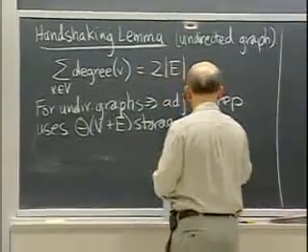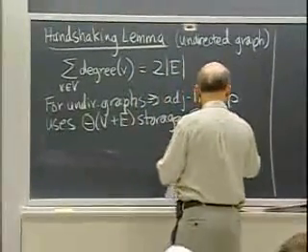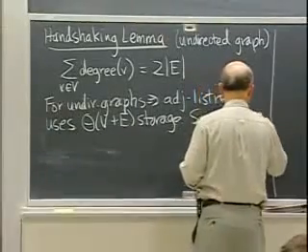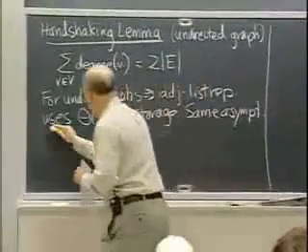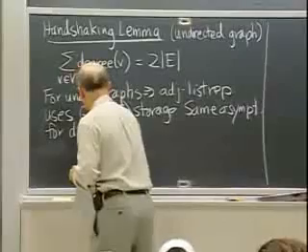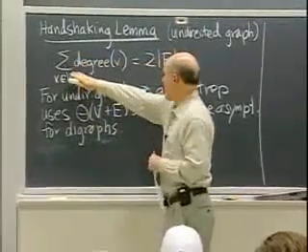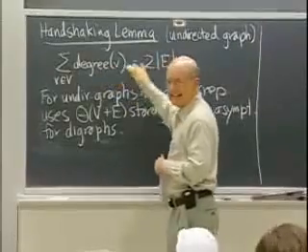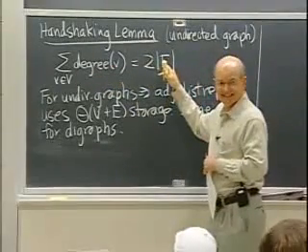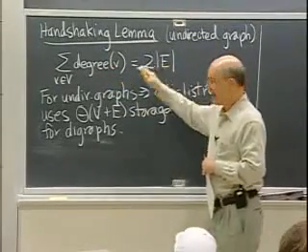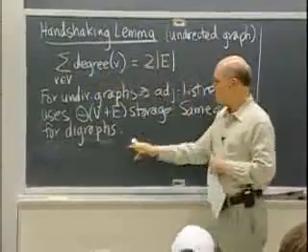And it's basically the same thing asymptotically. In fact, it's easier to see in some sense for digraphs. Because for digraphs, what I do is I just add up the out degrees, and that's equal to e.